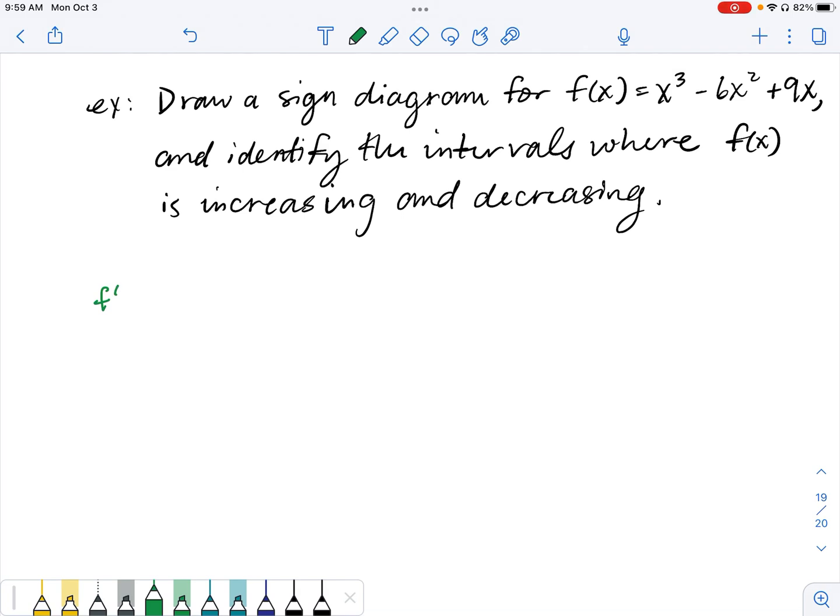So we're going to take the derivative of f of x, which is 3x squared minus 12x plus 9. So we've done the derivative. Now we need to set that equal to 0, and solve for x.